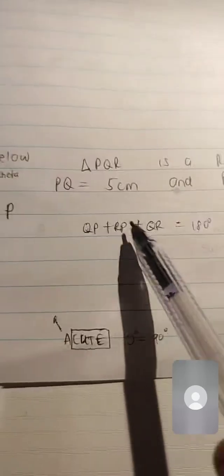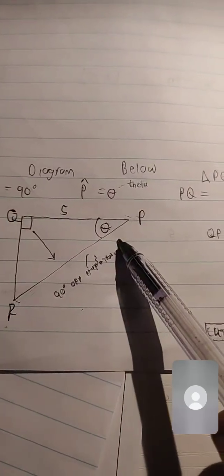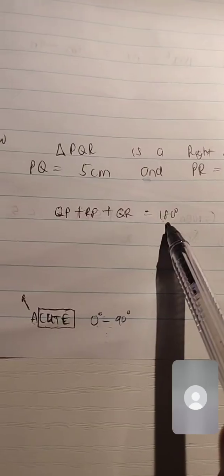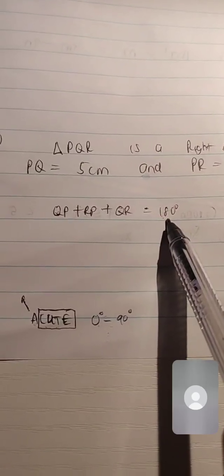No, sir. Is PR an angle? No, sir. Is QR an angle? No, sir. So is it correct to add the sides and say they are equal to 180 degrees, the angle? No, sir. Okay, so let us fix that then here.